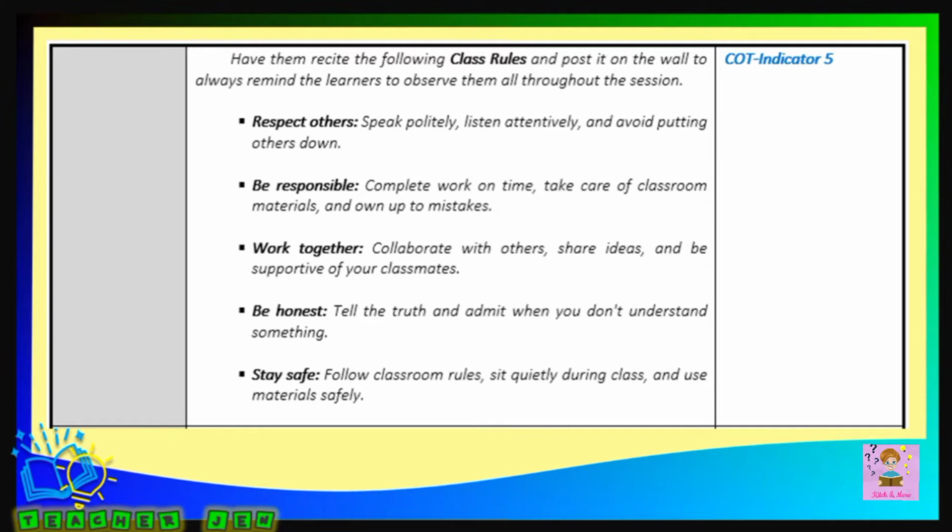Sa simula pa lang ng class session, sinisiguro ko na alam nila ang mga class rules namin para mag-guided sila kung ano ang mga dapat nilang i-observe. That is why it is good na maipost ito sa isang part ng classroom na makikita ng mga bata para sa tuwing meron silang gagawing activity, nare-remind sila to respect others, be responsible, work together, be honest, and to stay safe.